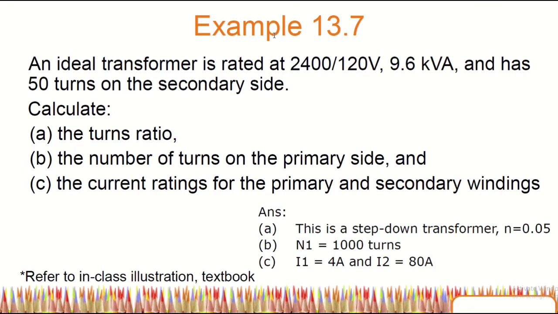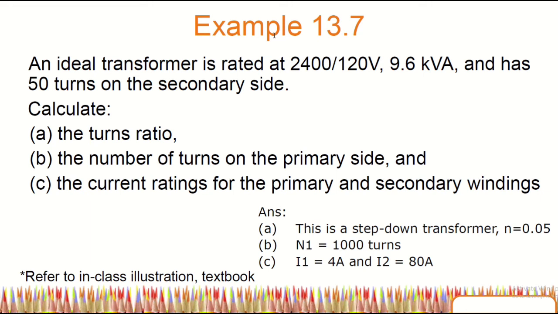Okay, let's look at this example 13.7. An ideal transformer is rated at 2400/120 volt, and also 9.6 kVA, and has 50 turns on the secondary side.